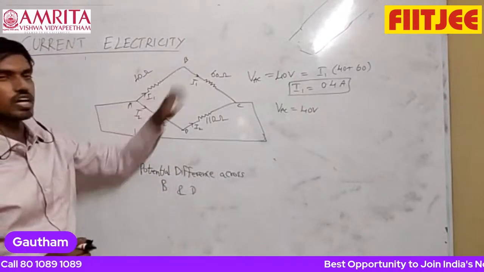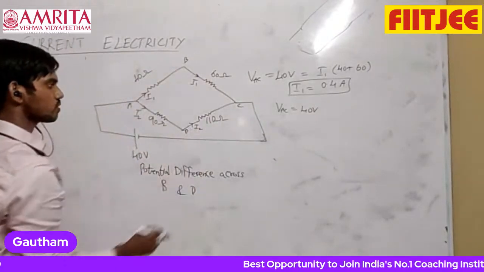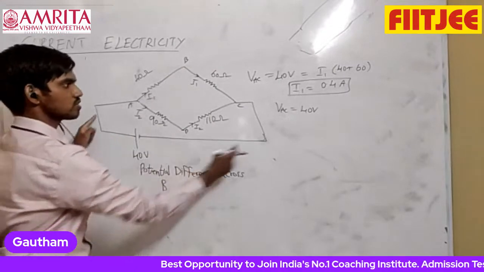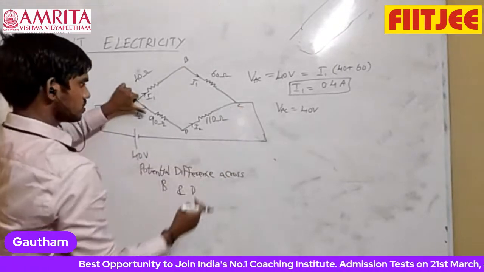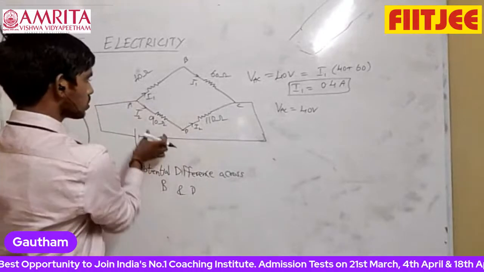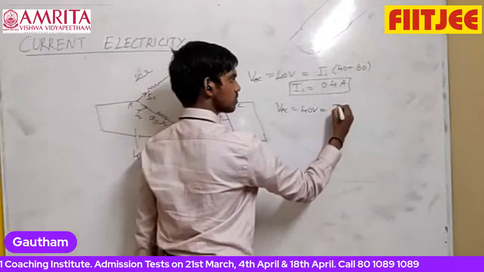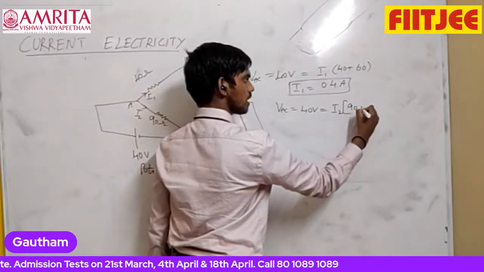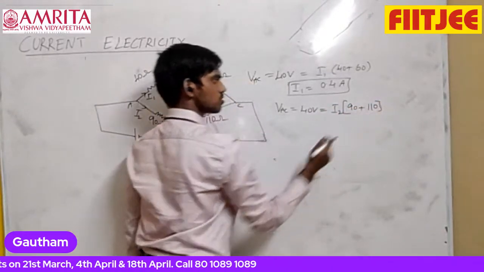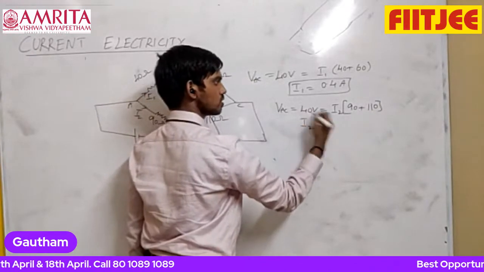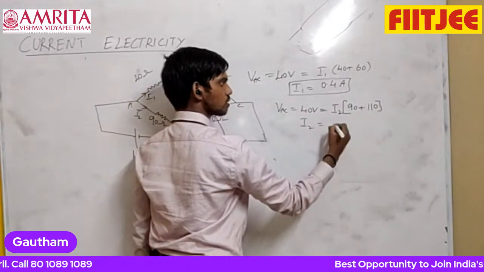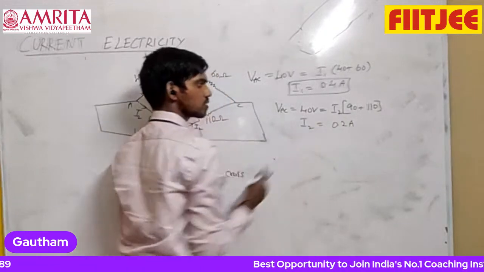So each branch separately you can find the current. I2 will be equal to the potential drop of 40 volts applied across these two points, that is, this current into these resistors. Total resistance is 90 and 110, which are in series. So 40 volt equals I2 into 90 plus 110. This is 200, so I2 is 40 by 200, or 0.2 amperes.